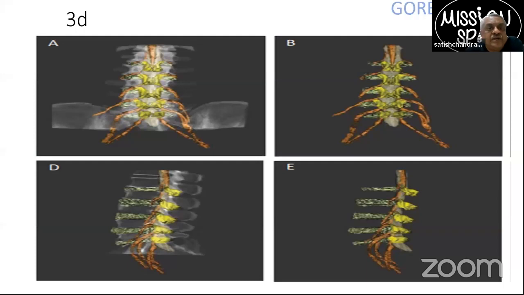Now, what I'm showing now is entirely purely about ligamentum flavum, and please kindly see it very, very carefully. The upper image or the A image is showing you the true 3D structure of the ligamentum flavum. Now what it shows is the orange is the nerve and the pale green or yellow is the ligamentum flavum.